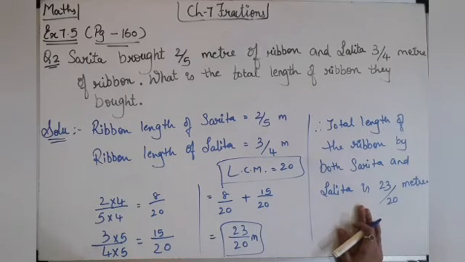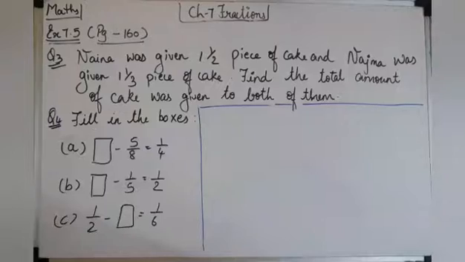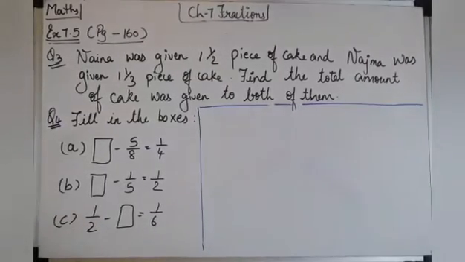Okay, now moving to the next question. Question number 3. In question number 3 of exercise 7.5 from page number 160, the question is: Nana was given 1 integer 1 upon 2 piece of cake and Nijma was given 1 integer 1 upon 3 piece of cake.